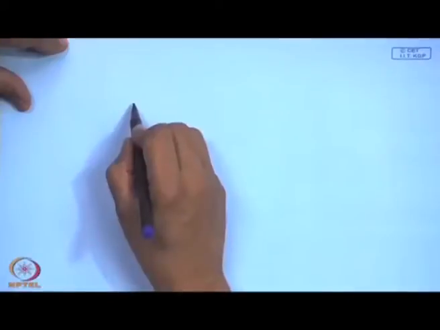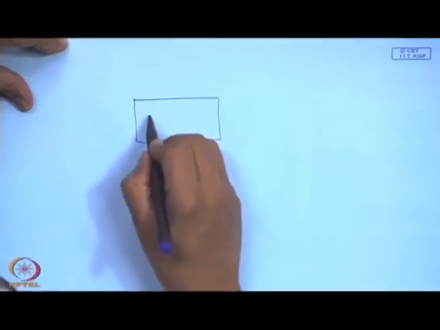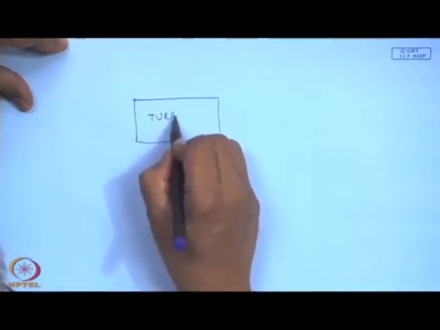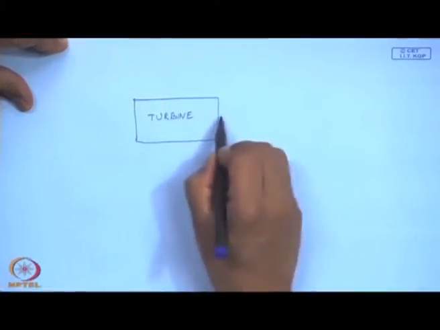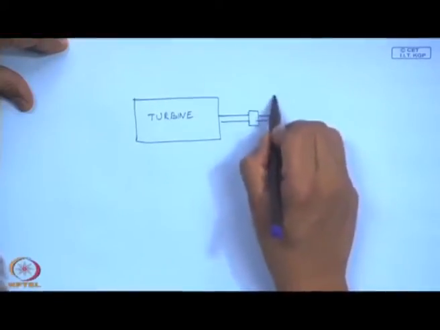So, wherever turbines are used to generate power, what happens? The turbines rotate and they are coupled to an electric generator.